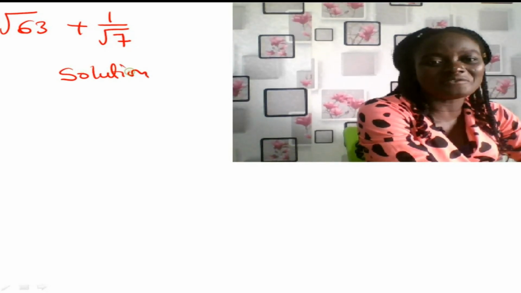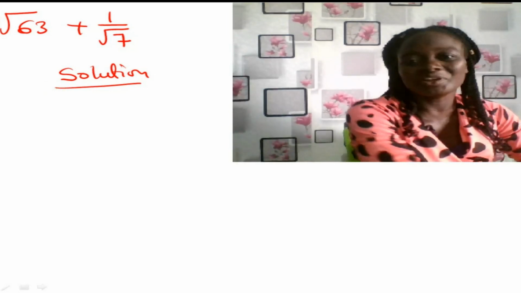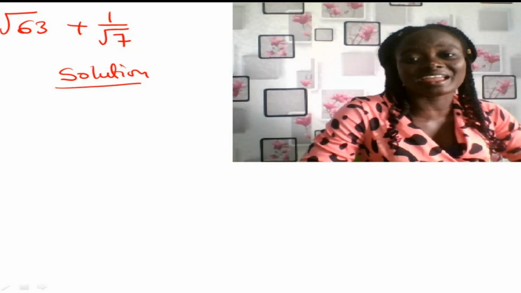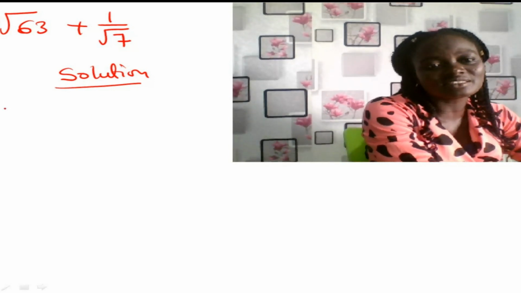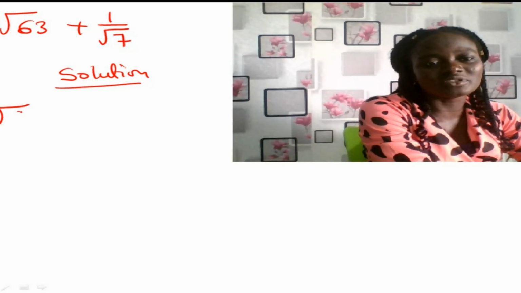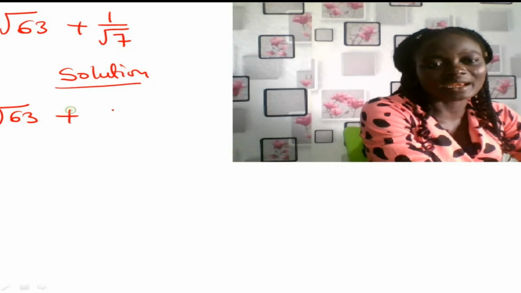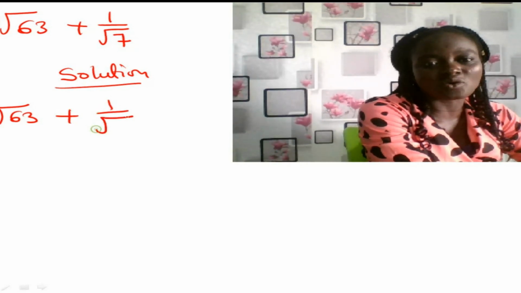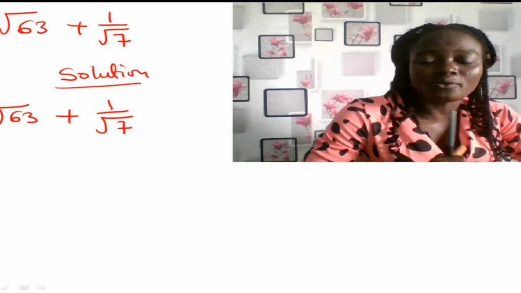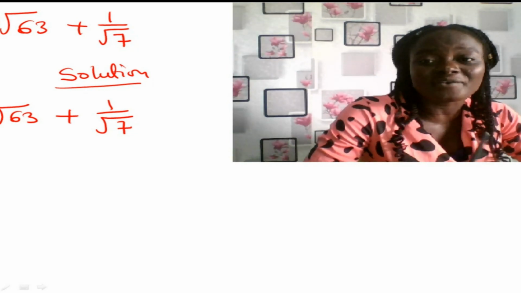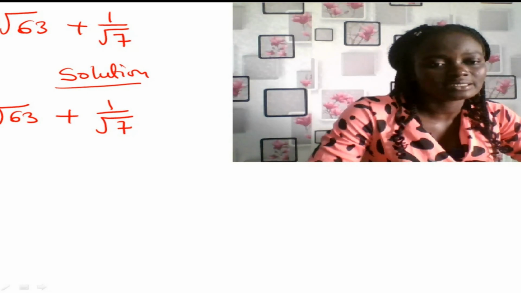So I believe you can do this following the first and the second example we've solved together. With this, we have root 63 plus 1 over root 7. We only rationalize when we have a fractional set.